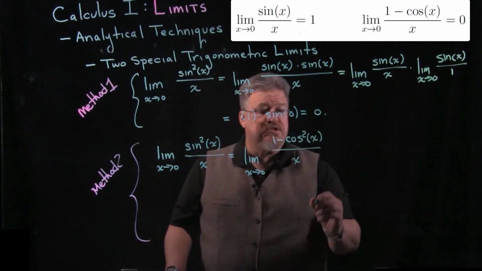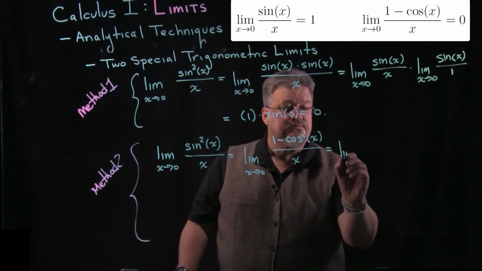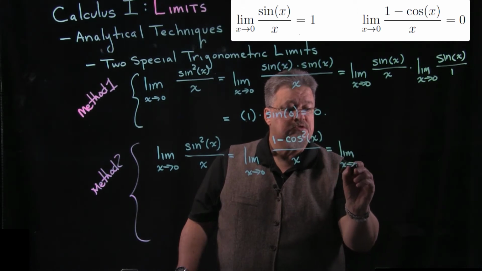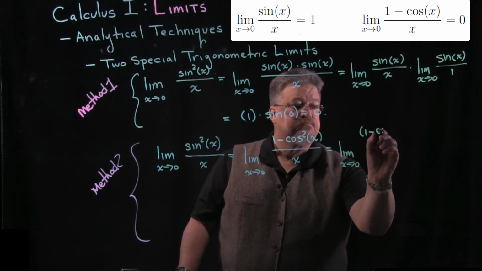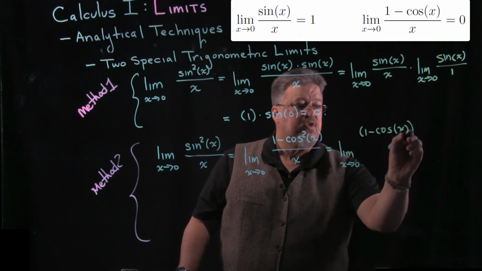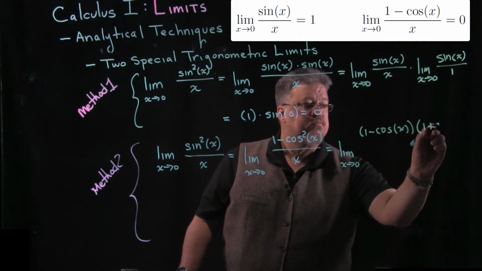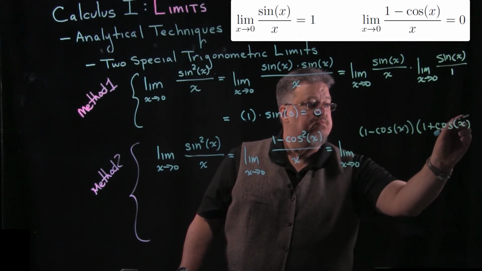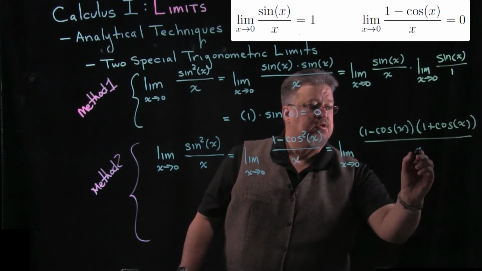Now 1 minus cosine squared x is the difference of squares. So we can write the limit as the difference of squares: 1 minus cosine x times 1 plus cosine x over x.